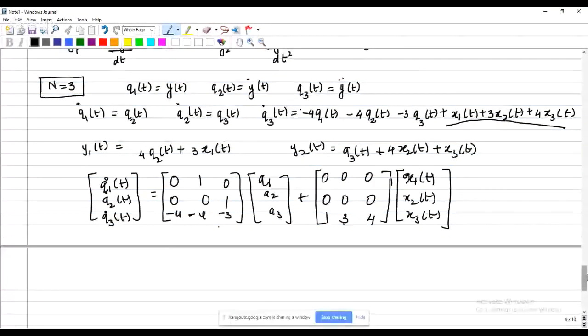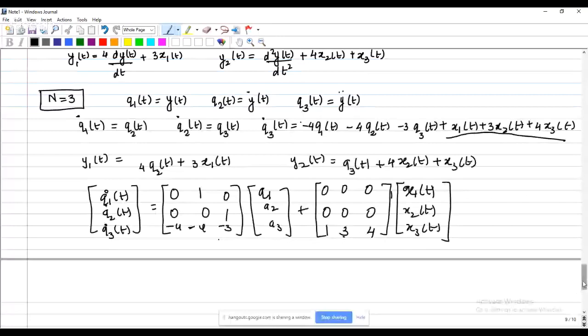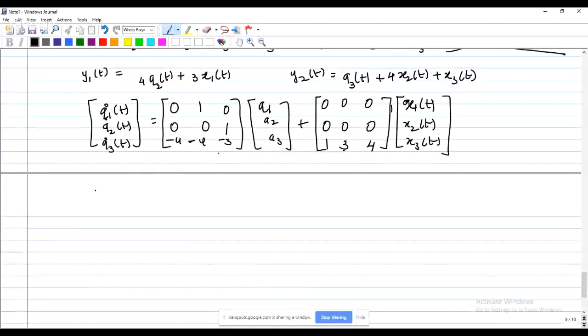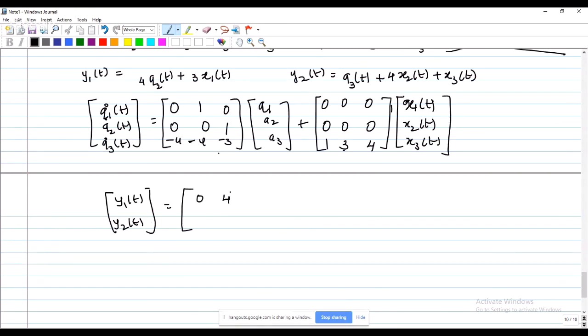Let us go for C. So now we have two outputs, so we have y1t, y2t. Y1t is having 4q2, so q1 will be 0 and q3 will be 0.